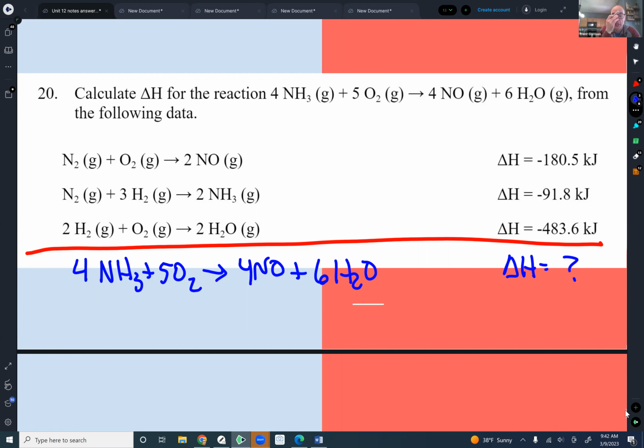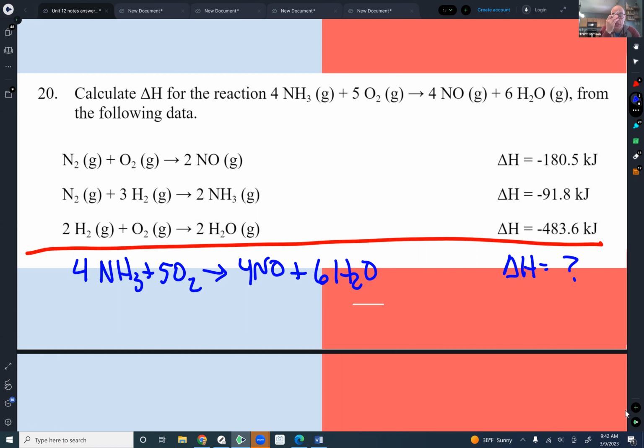So now let's move on to the next one. Well, oxygen is in 2 places. So that's not a wise choice because I don't know which one I should use to try and figure out. I can't do both of them at the same time. So let's skip the oxygen and let's move to the NO. The NO is on the correct side, but it's not with the correct amount. So what I'm going to do is I'm going to multiply this entire reaction by 2.